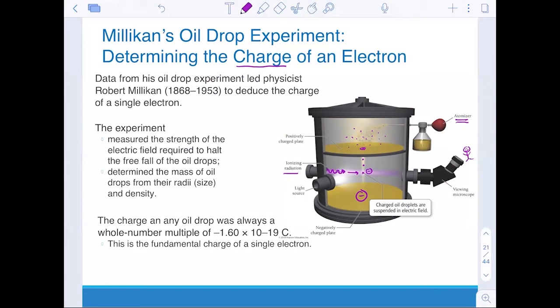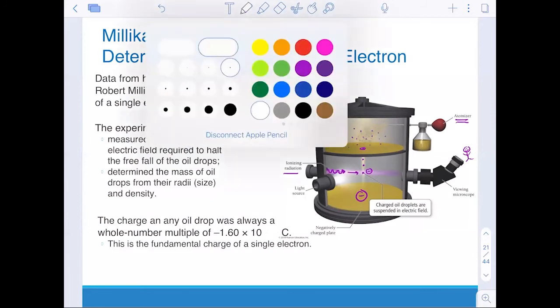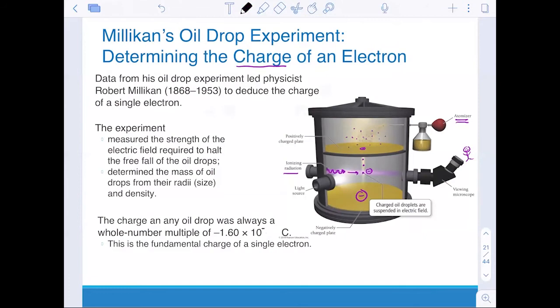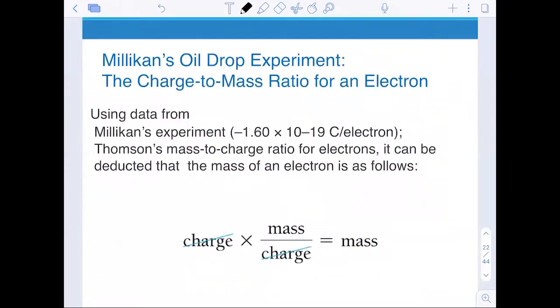And that's what he was able to decipher. He deciphered that the charge of the oil drop, sorry, my exponents are being tricky here, was always whole number multiples of negative 1.6 times 10 to the negative 19 coulombs. And so that's what he determined was the single charge of an electron. Pretty awesome.